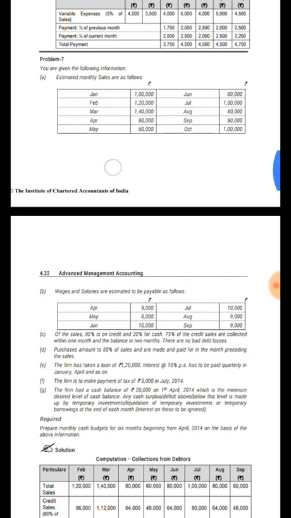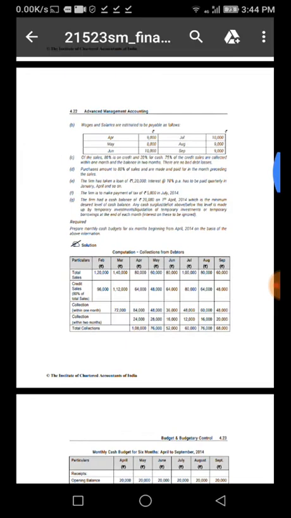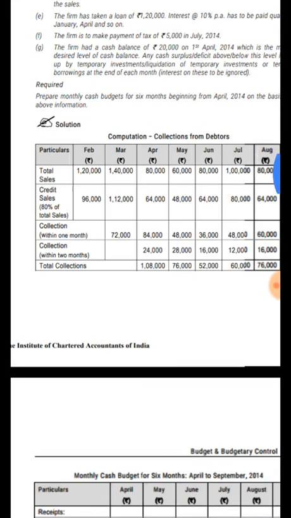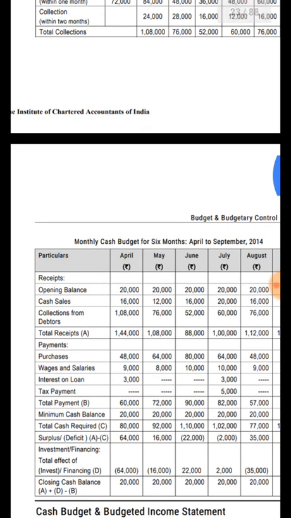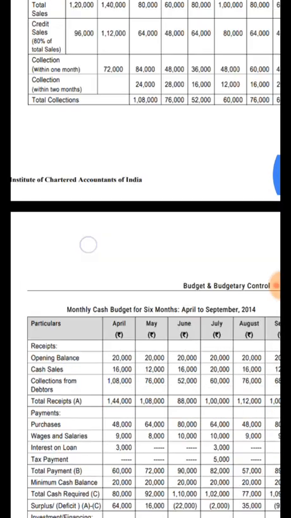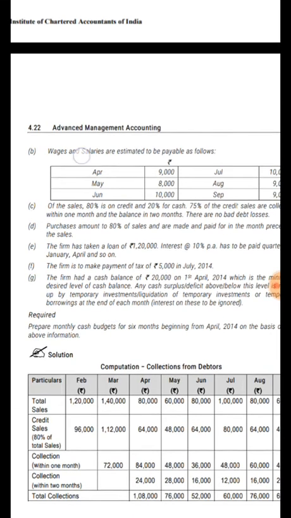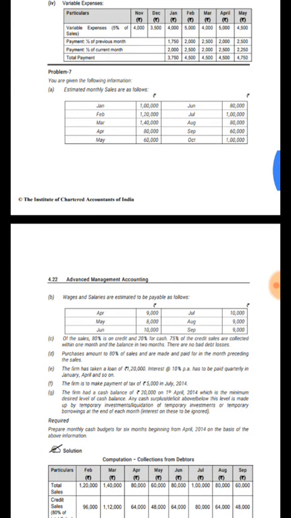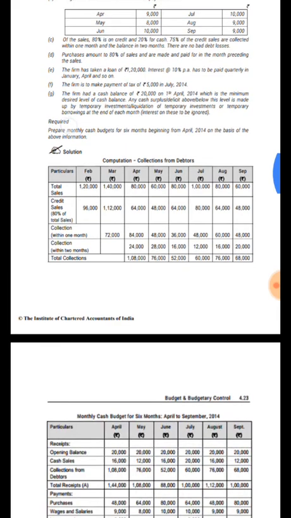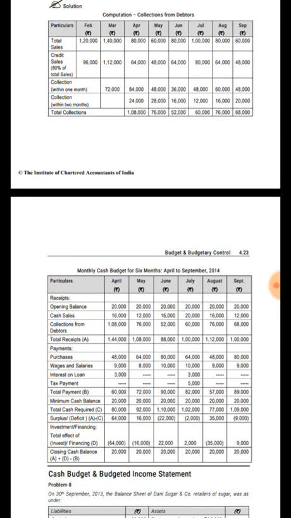So 80% of 60,000 is how much? 48,000. 48,000 of purchases. Like that we will do for all the months. May for April, June for May, July for June. So just check, in June it should be 80,000. Just like that we'll find out the purchases.